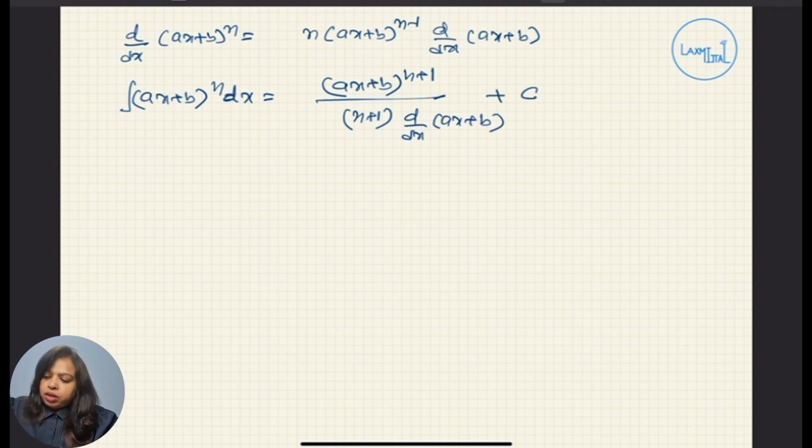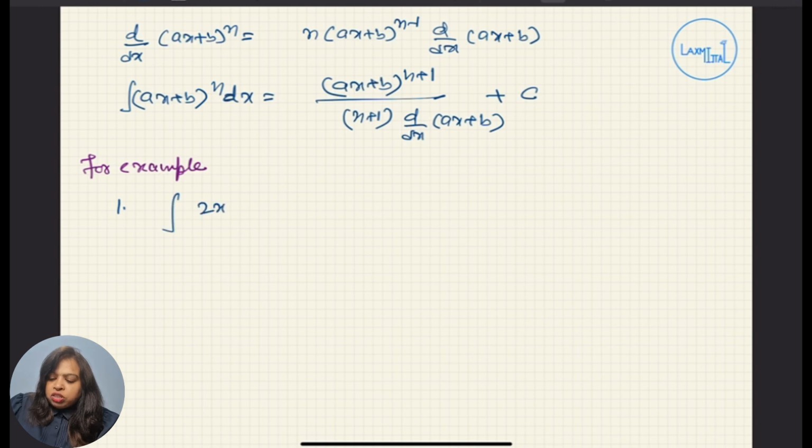So now take few more examples to understand it more. For example, I'm taking example 1. Suppose you need to find integration of 2x plus 5 raised to the power 4 into dx. So now you know what is the formula.